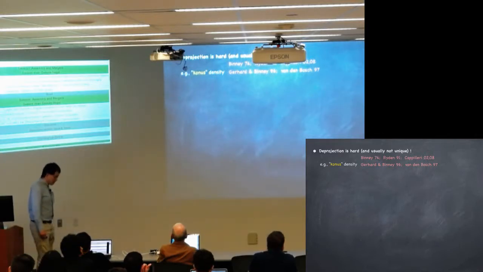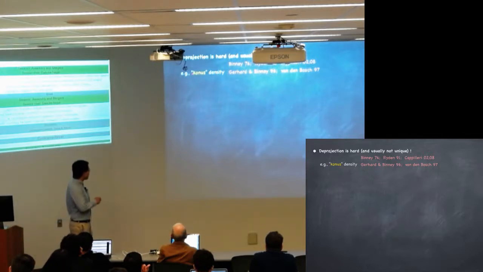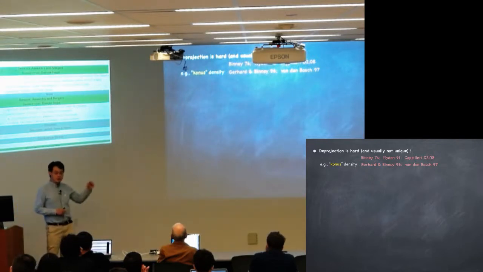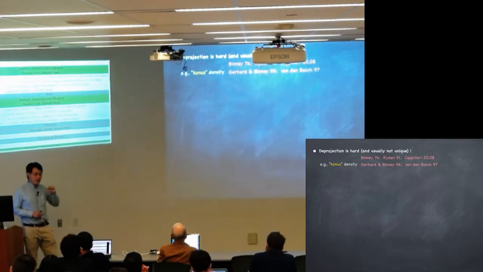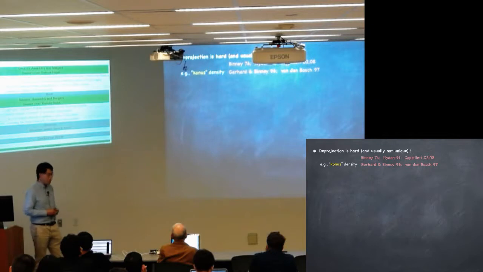I think the consensus today is that the deprojection is usually not unique. As these people have contributed, there is the concept of the conus density, which basically says you can always vary the 3D density here and there at some particular locations to some extent without changing the 2D surface density distribution.